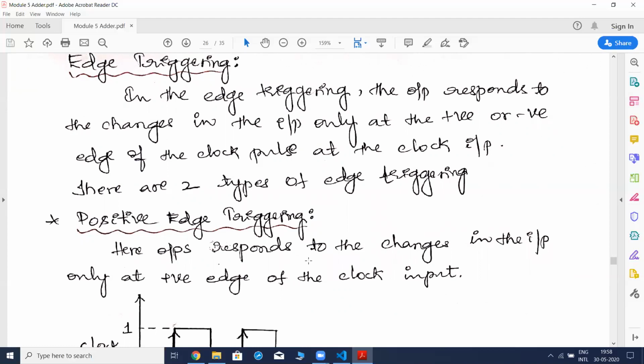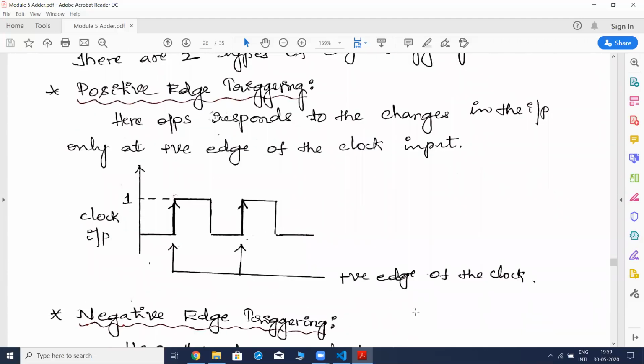When the clock goes from high level to low level, it is called the negative edge of the clock. If the device is triggered during these times, it is called edge triggering. There are two types: positive edge triggering or negative edge triggering. This kind of triggering is given to the flip-flops.